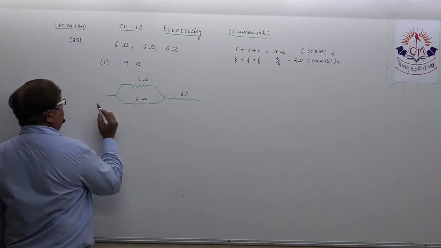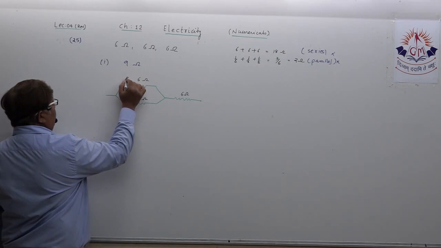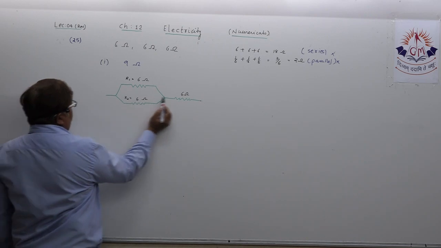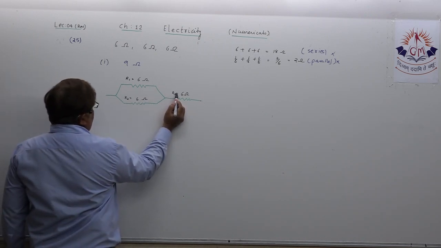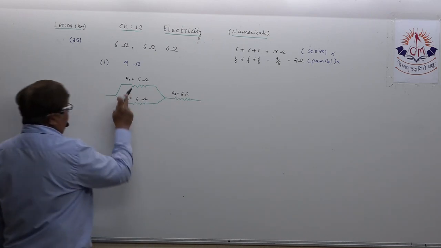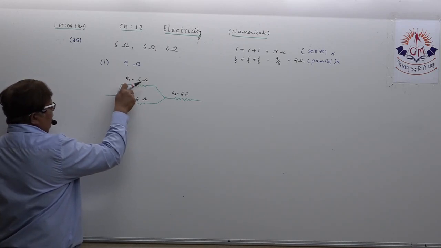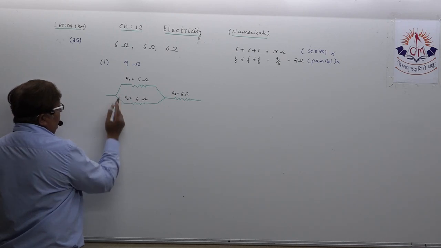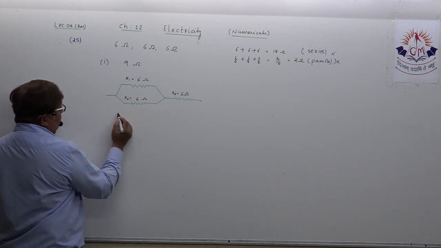Suppose, dear student, you call this R1, this R2, and this R3. Let me get the equivalent resistance of these two, and because they are in parallel, I would like to give it a symbol like R4.